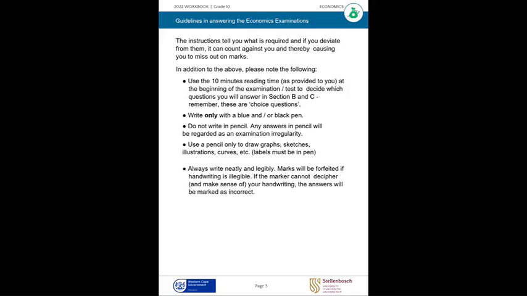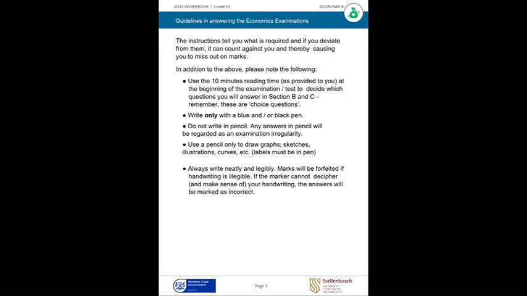So especially in economics, where there are choice questions, you need to make sure where the choices are situated so that you don't end up answering all of the questions and running out of time, where you didn't have to do all of them, and you could have used that time to think out better answers for the ones you have then answered. Right, in addition to the above, please note the following.